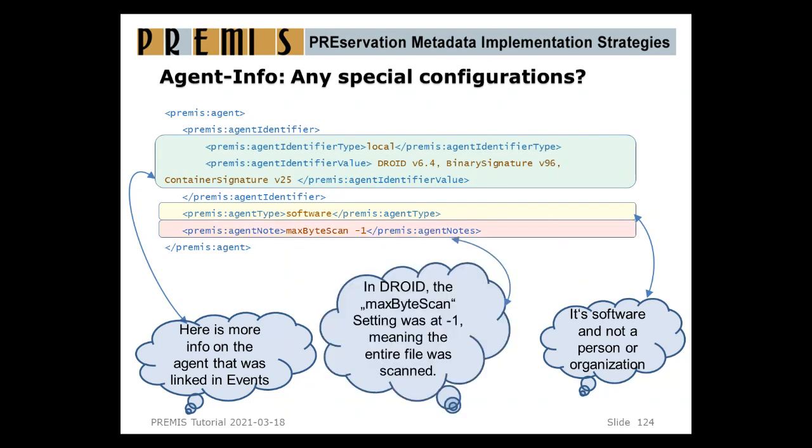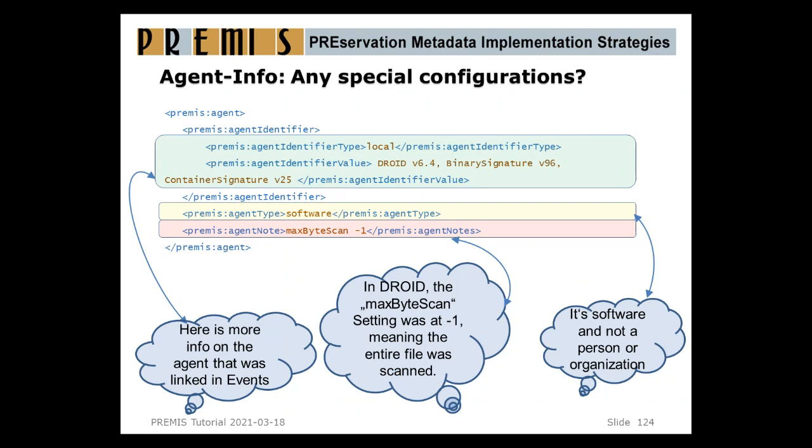And what else do we want to capture? We want to capture that there was a specific parametric setting within the tool. For those familiar with Droid, the file format identification tool, you may be aware of the fact that you can tell Droid whether it should just scan part of the file to arrive at a result of identification, or it can scan the entire file up to the end.